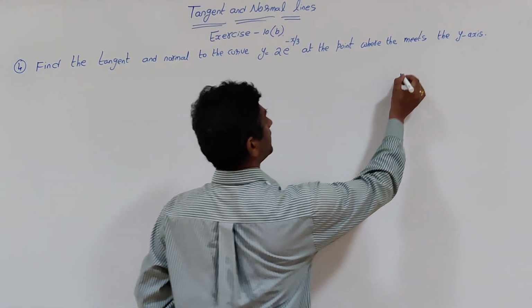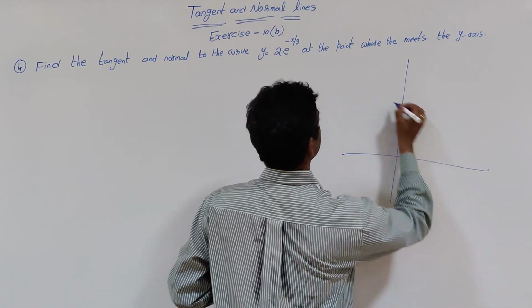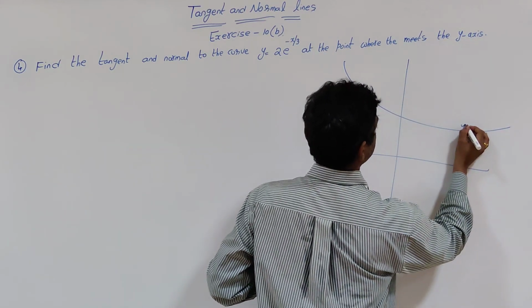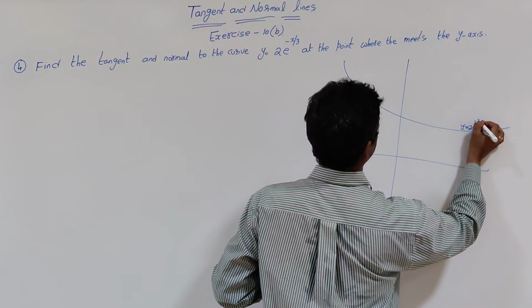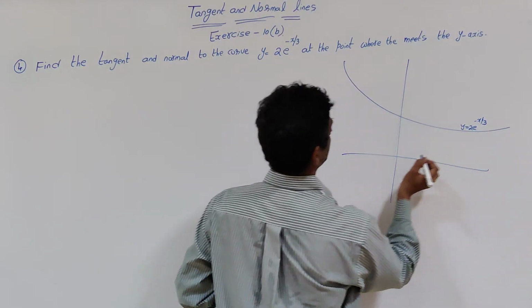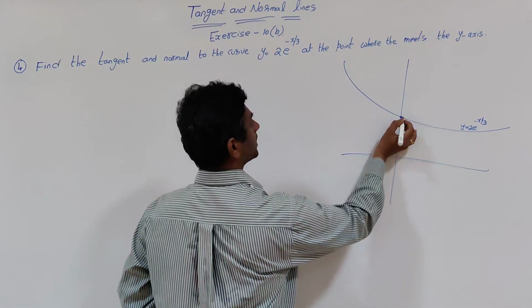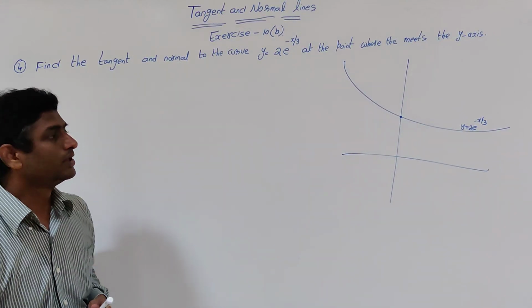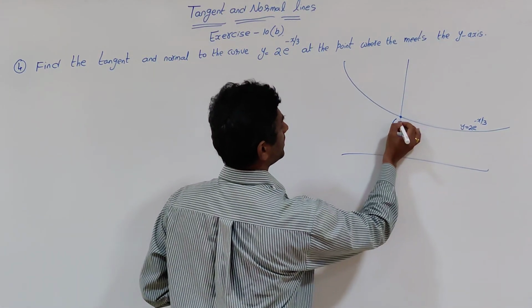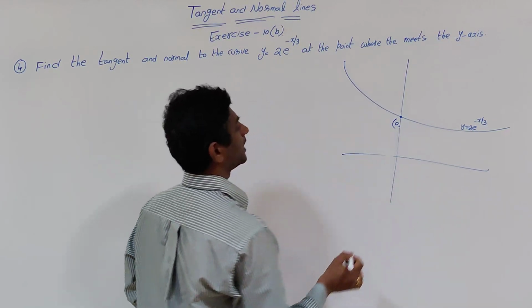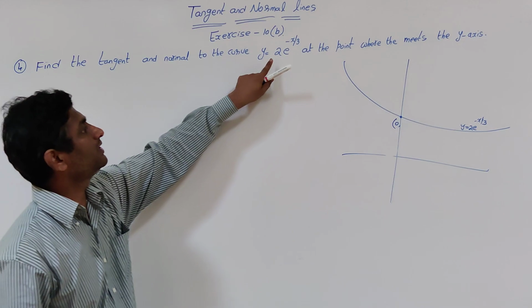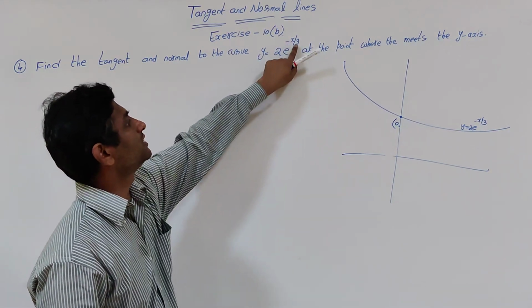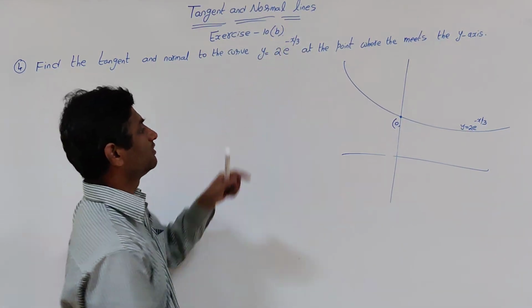At some point the curve touches the y-axis, so x should be 0, and what will be y? If x is equal to 0, then y is 2 into e to the power of 0, and e to the power of 0 means 1, so it will be 2.